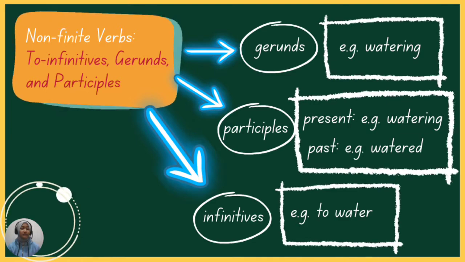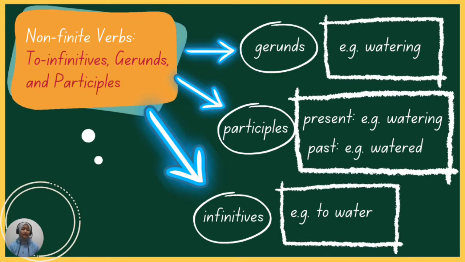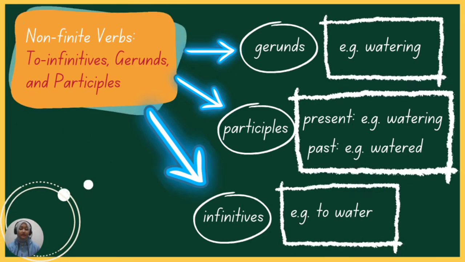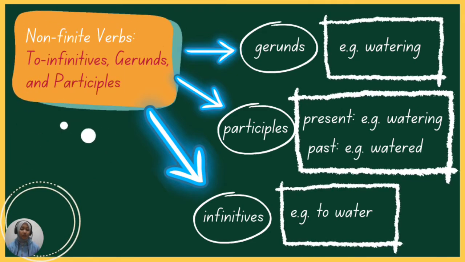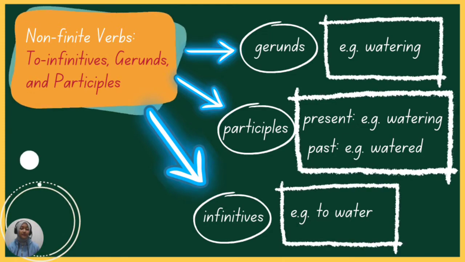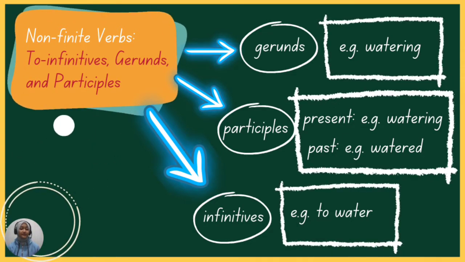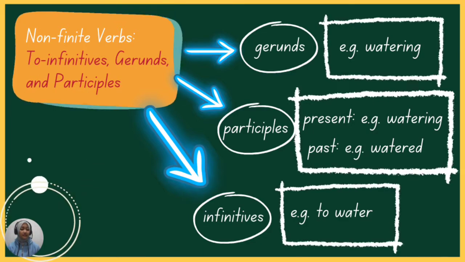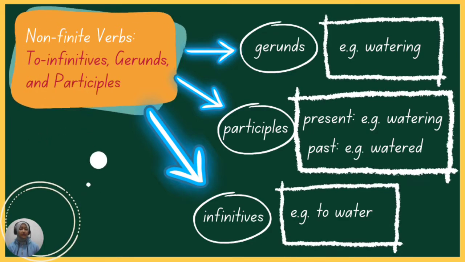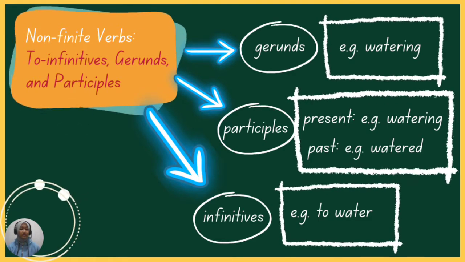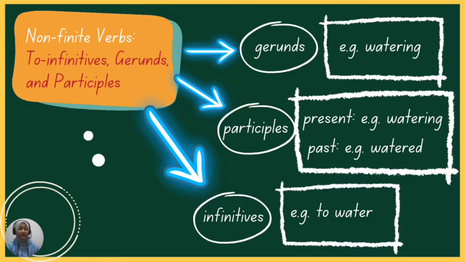And then we have participles. Participles ada dua macam ya, present participle and past participle. Present participle ing verb, watering, kemudian past participle dalam bentuk verb 3, watered. Infinitives, sebagai contoh, to water. Nah, water di sini berfungsi sebagai kata kerja.